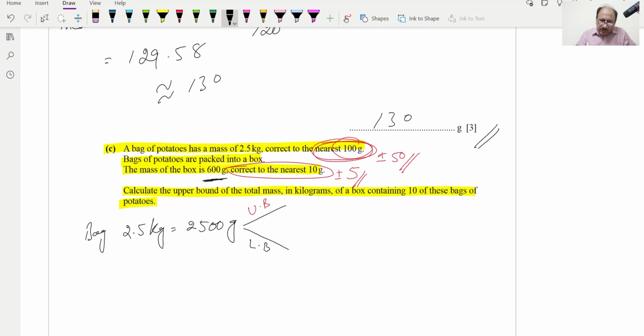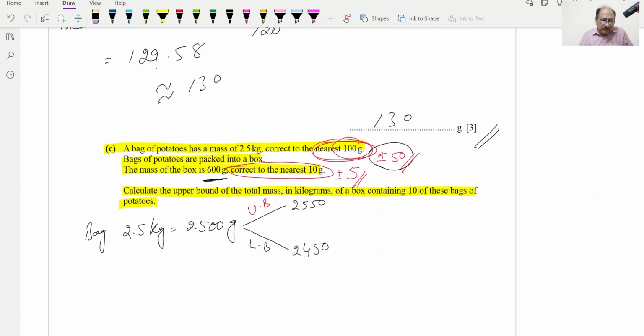So this will be plus minus 50. So plus 50 will be 2550, and minus 50 will be 2450. As I told you, this lower bound is not utilized in this case. For your clarification I'm writing.